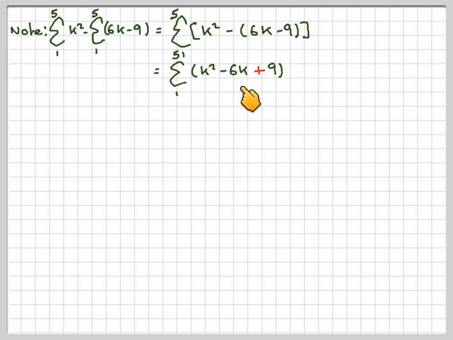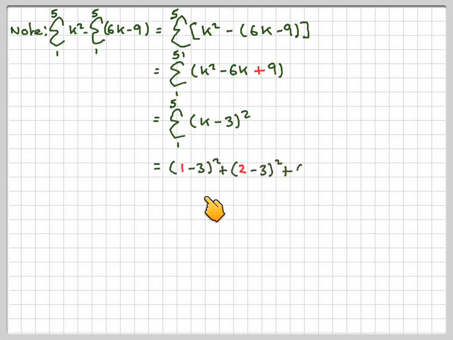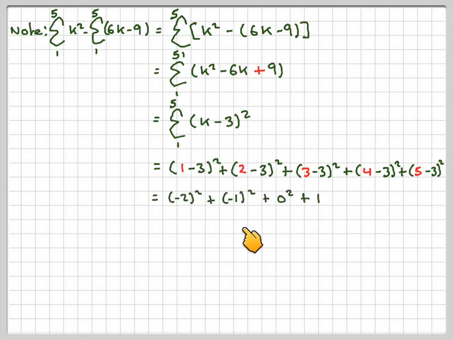Now we might realise this is a perfect square, that it becomes k minus 3, i.e. we factorise this, so 1 to 5 of k minus 3 all squared, which means we would only have to work out 1 minus 3 squared, 2 minus 3 squared, 3 minus 3 squared, 4 minus 3 squared, 5 minus 3 squared, which gives minus 2 squared plus minus 1 squared plus 0 squared plus 1 squared plus 2 squared, which is 4 plus 1 plus 0 plus 1 plus 4, which again gives an answer of 10.